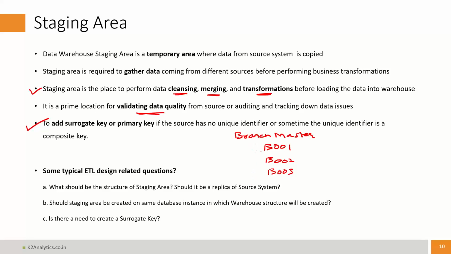You do not want to use these primary keys which are in the source as branch master B001, 002, 003. In your warehouse, you want to use branch IDs as 1, 2, 3 because querying with numbers is easy. So what you are doing is, for B001, you are giving your own different identifier which you are mapping to 1. This you are mapping to 2. This you are mapping to 3.